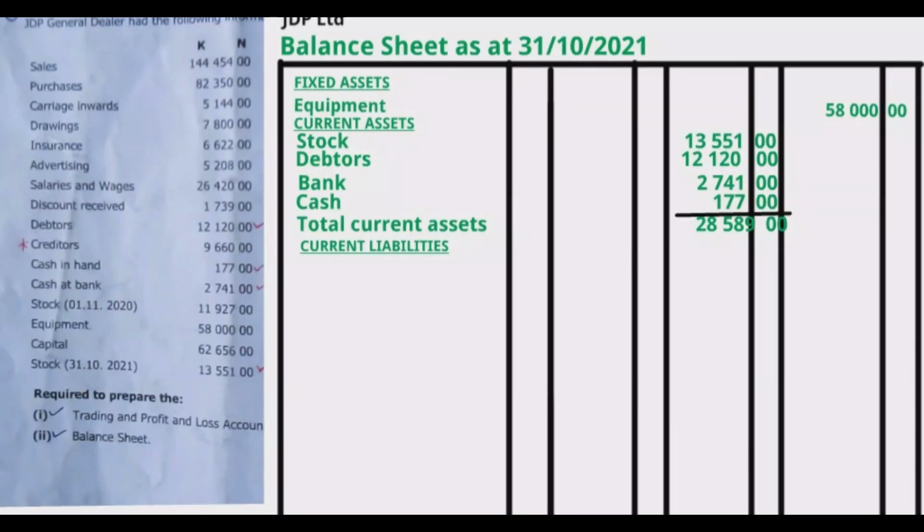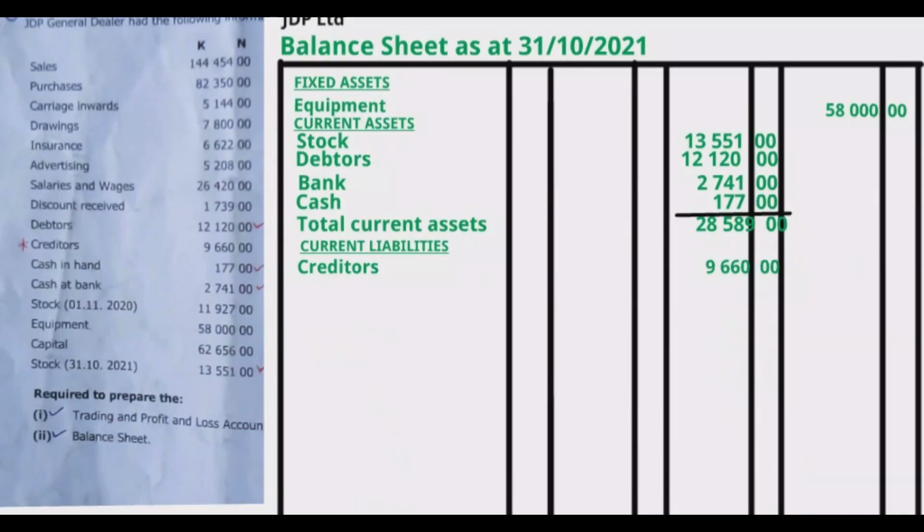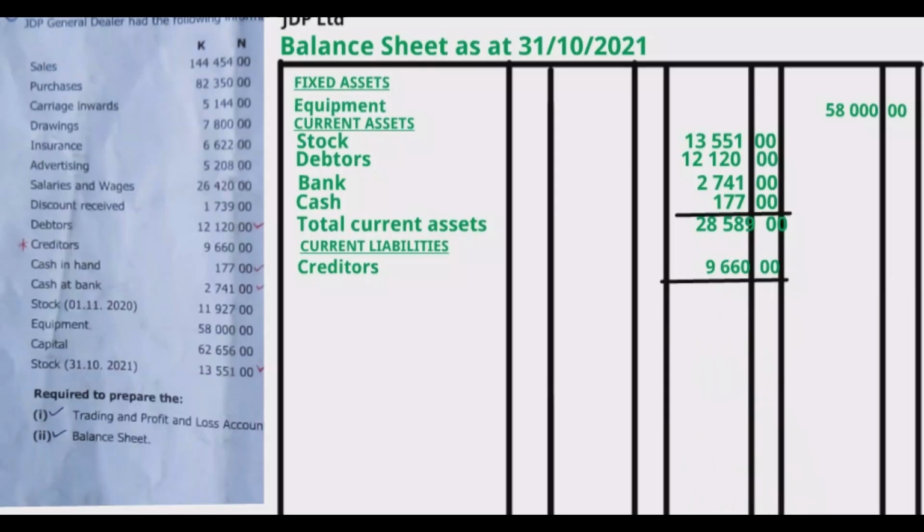Now once we have found the total current assets, we can come to current liabilities. We have got creditors, which is 9,660 kwacha. Then we find the difference.